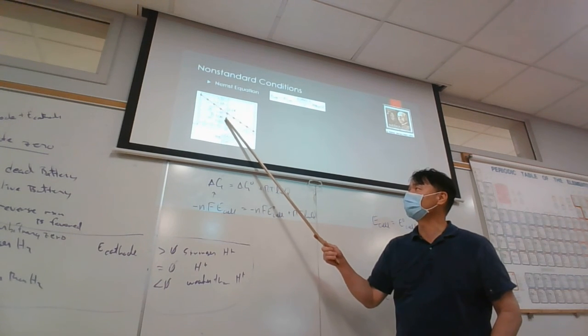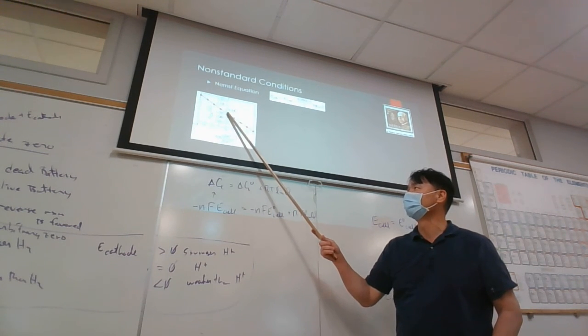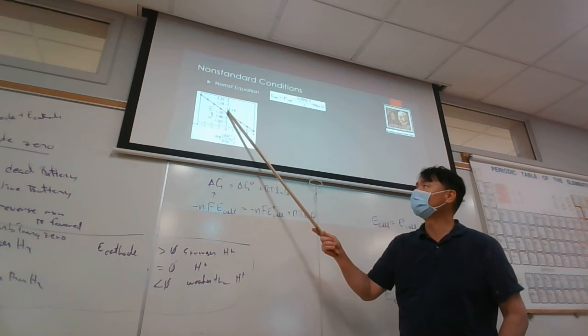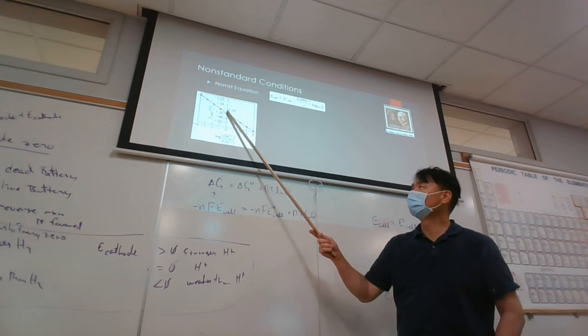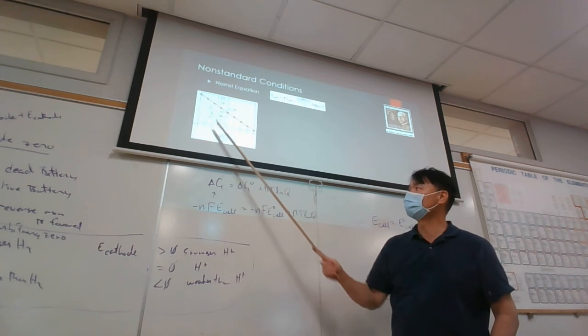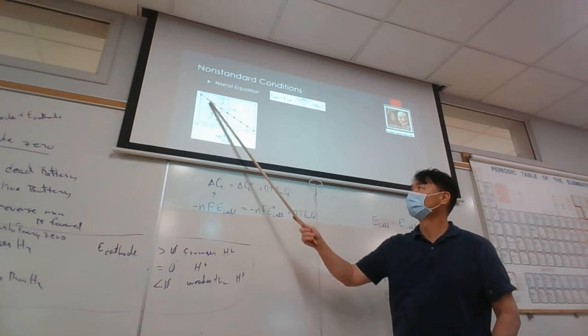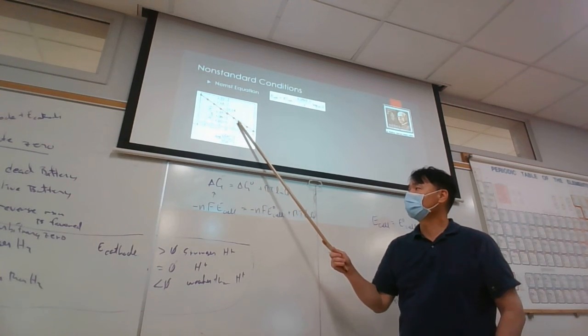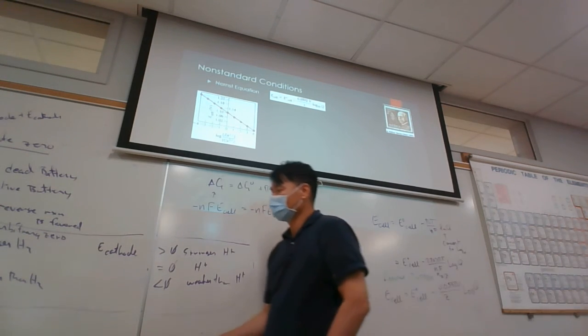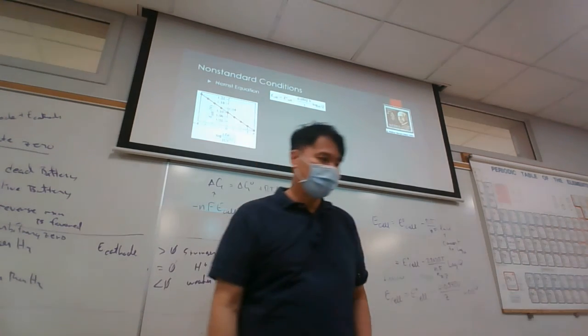Actually, if you have a new battery under standard conditions, it starts here. And then the voltage just declines from there. If you want to go non-standard, you could add more reactant, higher concentration of copper 2 plus. And as the concentrations change, the driving force changes and the voltage changes.